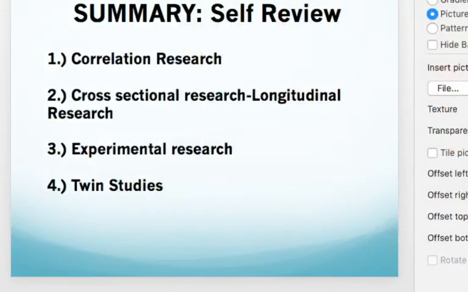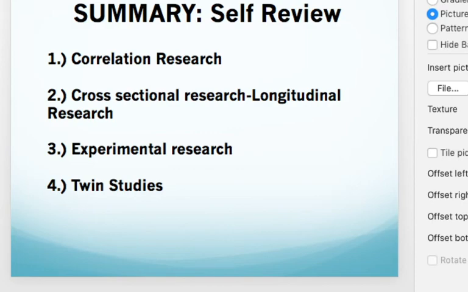Okay? So, there you go. Those are the 4 other research methods na pwede nyong gamitin given your research question that you will formulate towards the end of the term. Meron tayong correlation research, cross-sectional research / longitudinal research, experimental research, and twin studies.